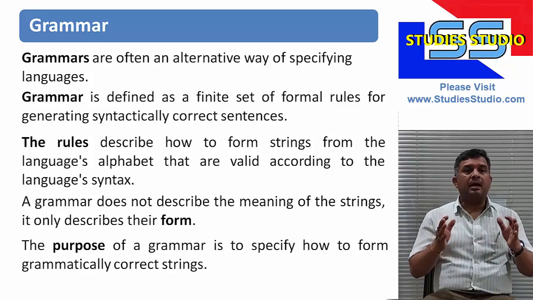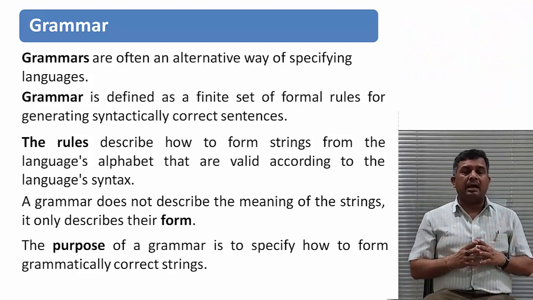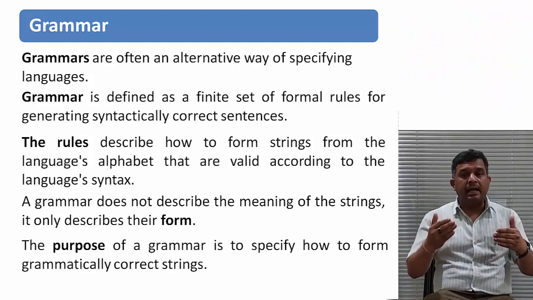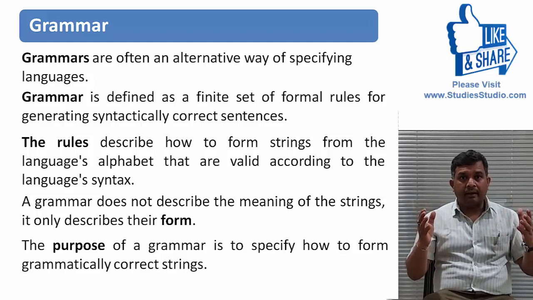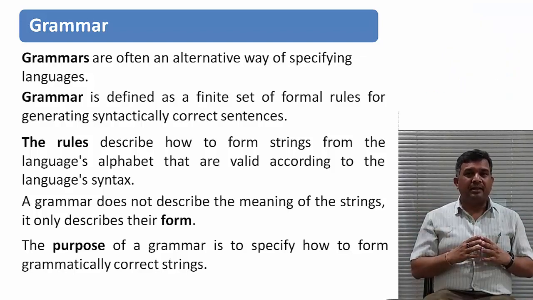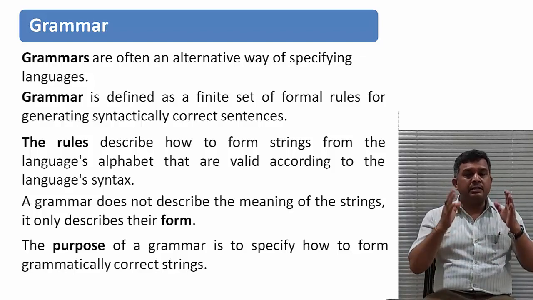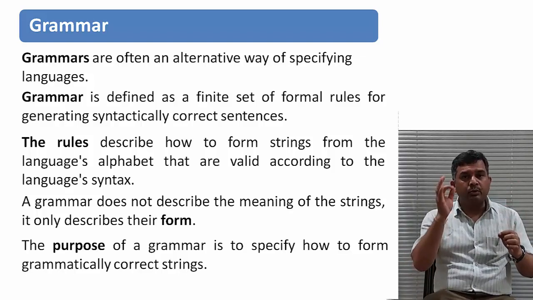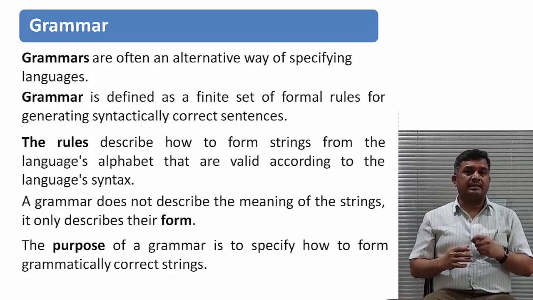If I am saying, I am going, it is giving a meaning and everybody can understand. If I rearrange the words, going am I, does it give the same meaning as the previous one? No. It means it is not the way that we arrange, it is the way to follow the rule in order to get the meaning of the particular sentence.